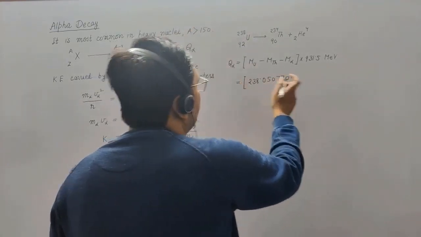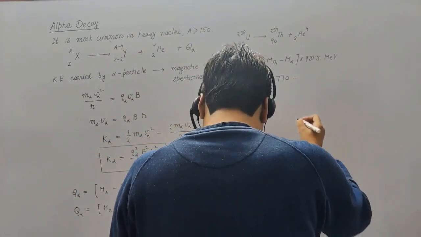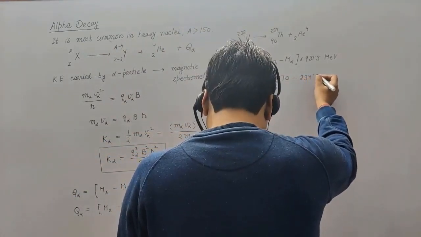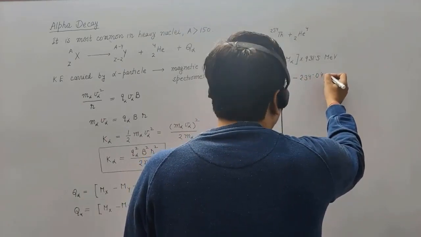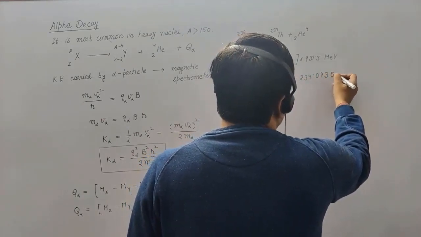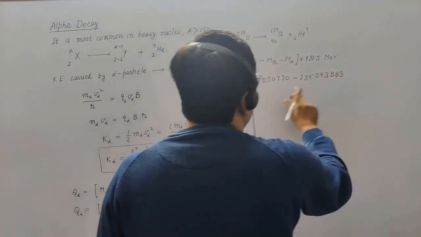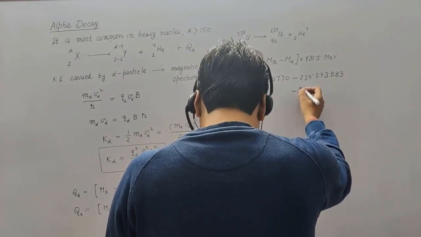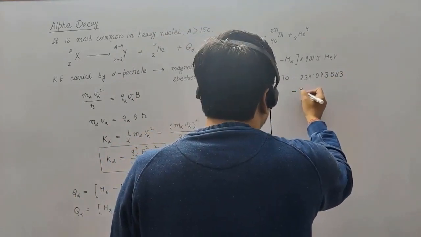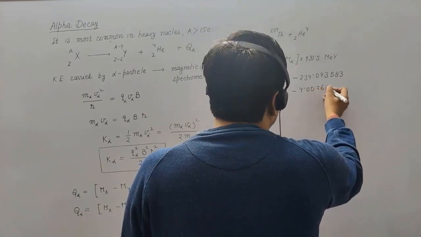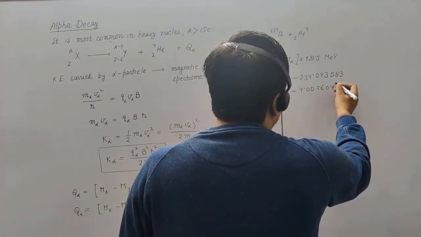This is the mass of uranium minus the mass of the thorium, which is 234.043583, minus the mass of helium nuclei, which is 4.002604 in AMU.